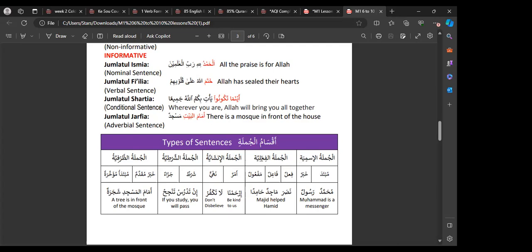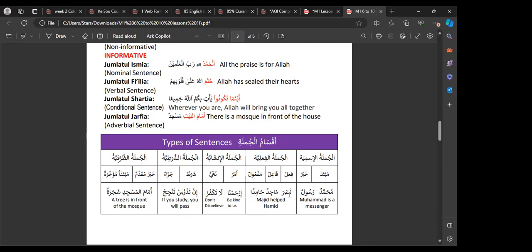Then we have Jumlatul Fi'liyah, which has a fi'lun, a fa'ilun, and a maf'ul. It has the verb, it has the doer of the verb, and it has the receiver of the verb. So this is also the object, but you have the verb, you have the doer of the verb, and you have the receiver of the verb.